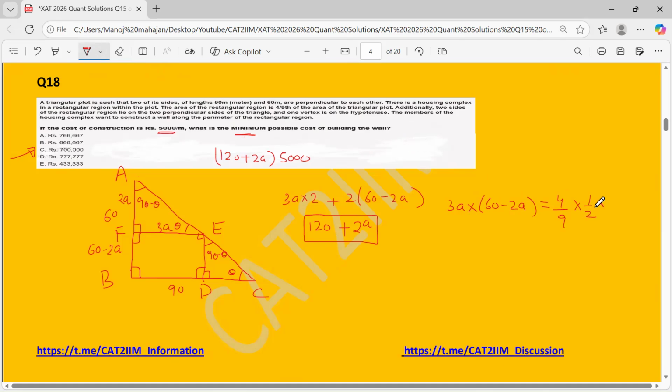Half base into height: half into 60 into 90, which gives 1200. And this is 3A into 60 minus 2A. So ultimately you can write A into 60 minus 2A as 400. So the answer is fixed.